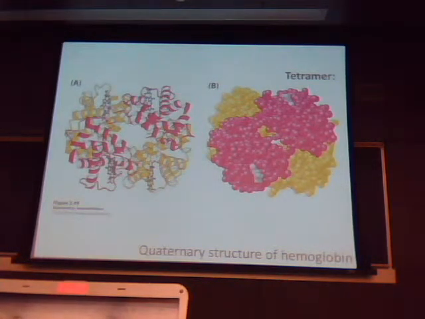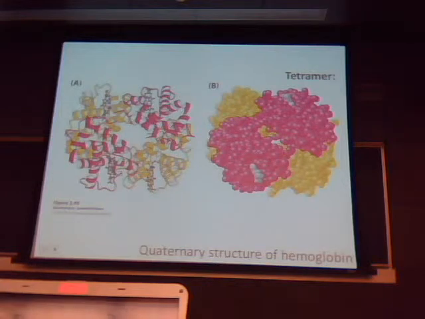What I mean by that is, if each of these subunits is responsible for carrying oxygen, you might ask, what's the point of building a four-subunit cooperative structure? Well, nature has evolved such that if this particular subunit binds oxygen, it will induce a structural change.